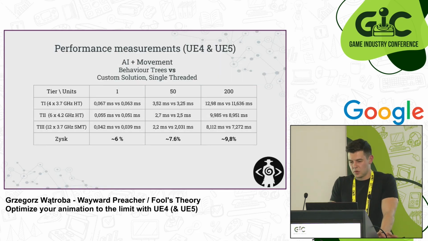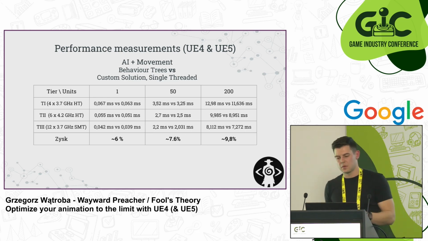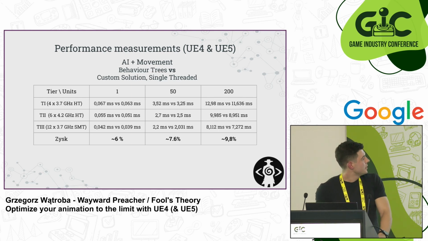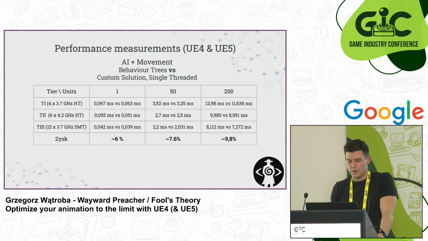So to see the differences here between single-threaded and multi-threaded solutions, let's see the performance changes here. So when we try to reduce overhead made by behavior tree, we see this kind of gains relying on a different set of scale.